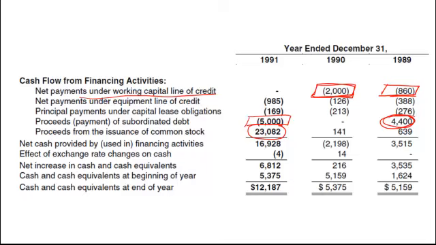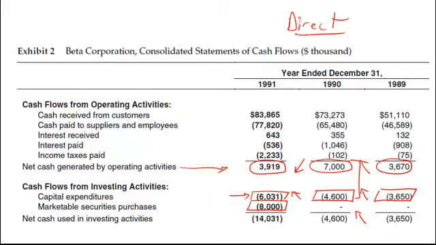The trend shifted in 1990. In 1990, we mainly paid back, and we also mainly paid back in 1991. So to summarize the trend, we borrowed in 89, we paid back some amounts in 1990, and we paid back more in 1991.